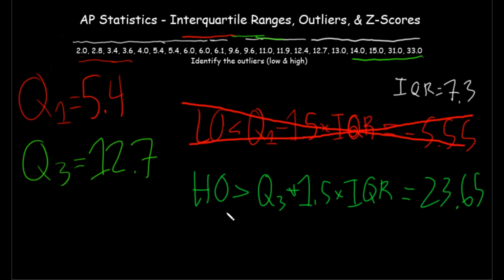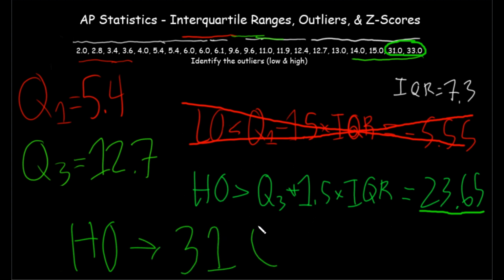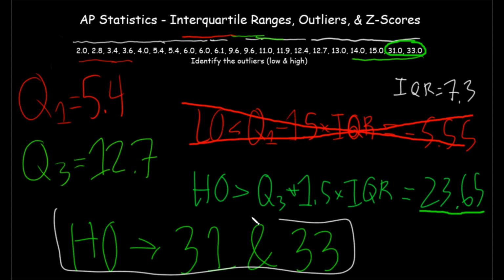Whereas when it comes to the high outliers, any data point that's bigger than 23.65 is an outlier. And so you would end up with these two numbers, 31 and 33, because they're both bigger than 23.65. So your high outliers would be 31 and 33. And that is how you end up with your outliers.